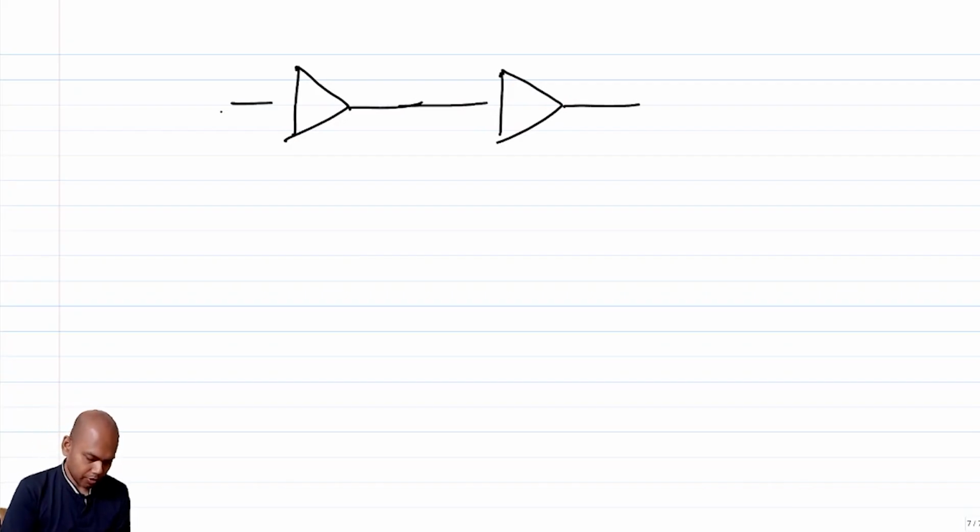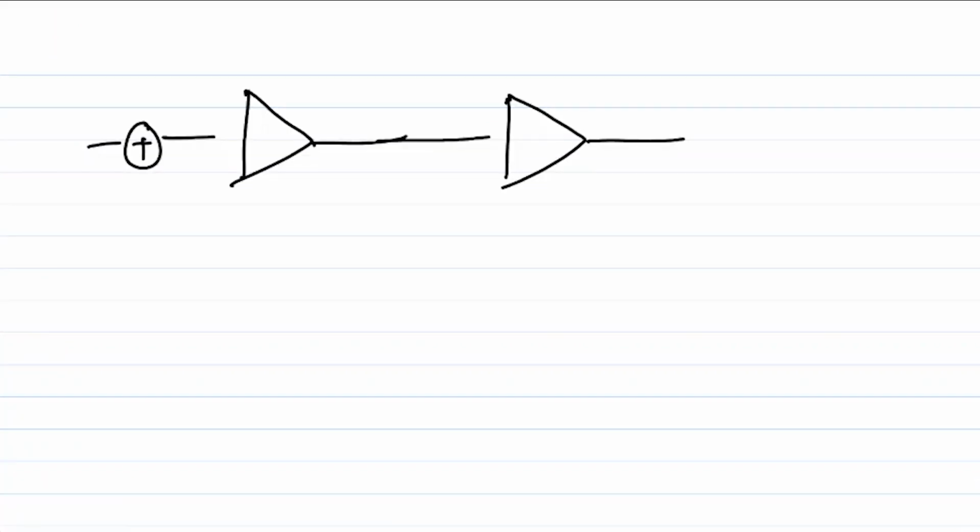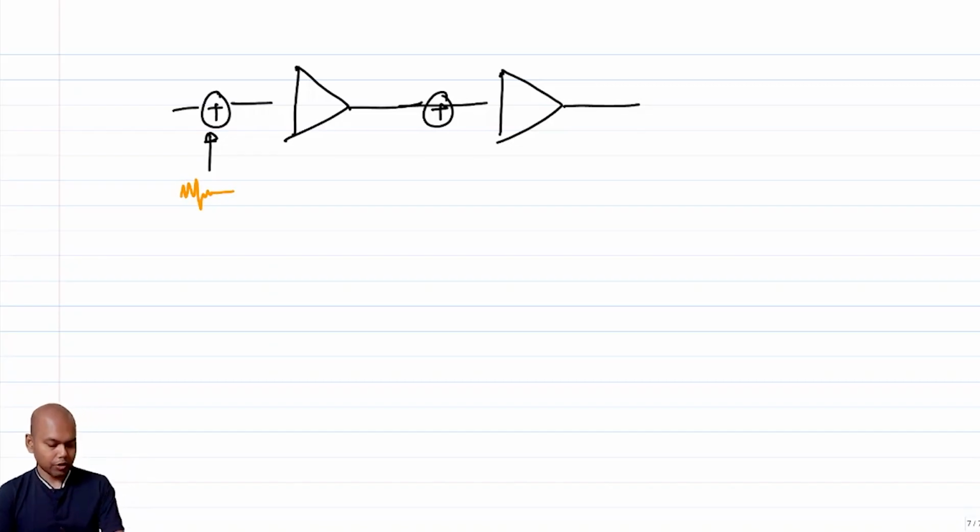You have a signal. Let's say these two are identical stages, and you have a noise contribution from this stage, which I am showing in orange, and a noise contribution from this stage, which I am showing in red.